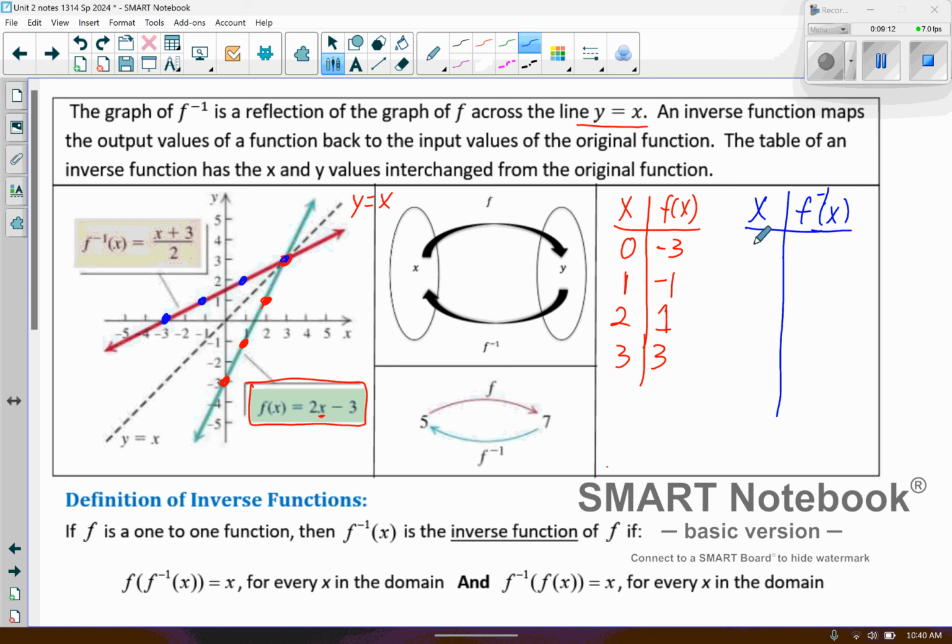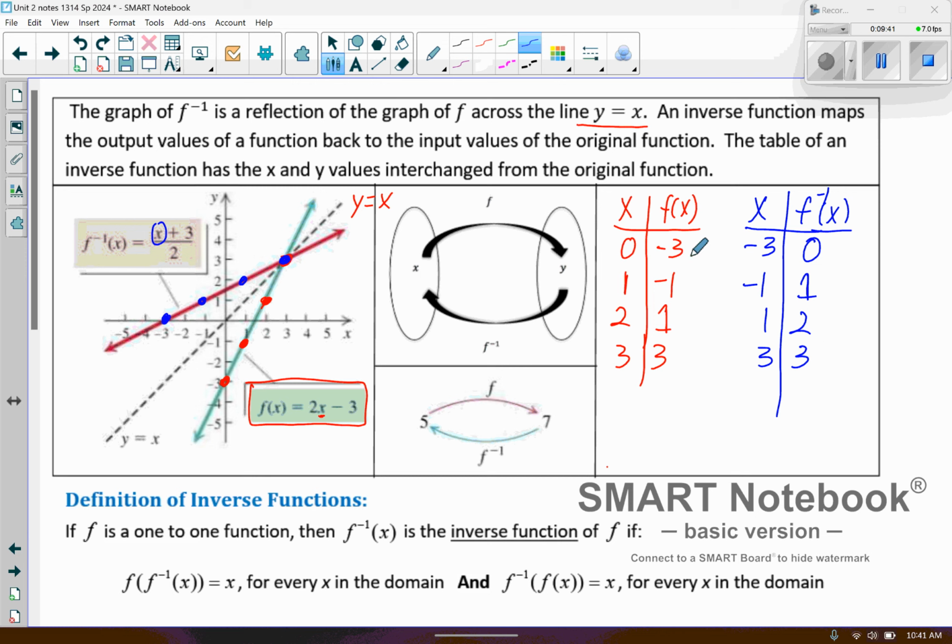So for example, if you look on the graph, when x is -3, y is 0. When x is -1, y is +1. When x is +1, y is 2. And then here that point is on the line of reflection, so they share that common point right there.